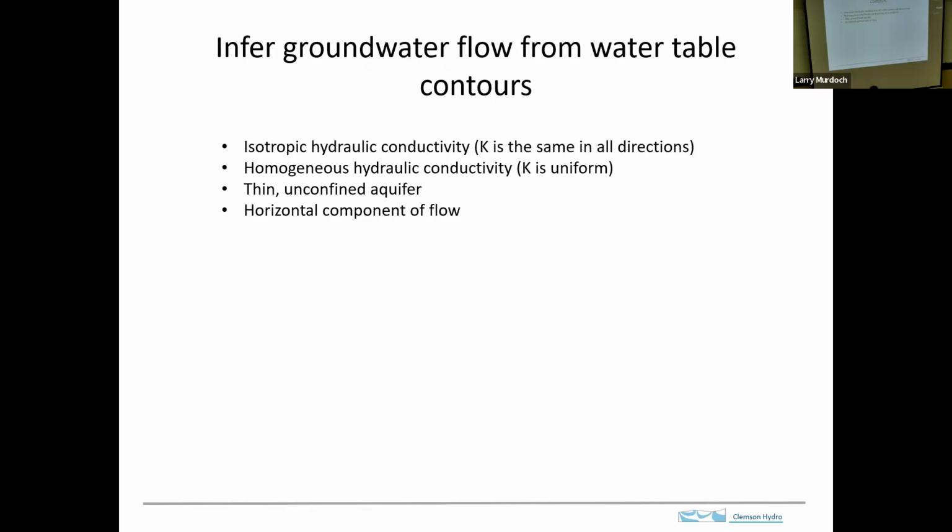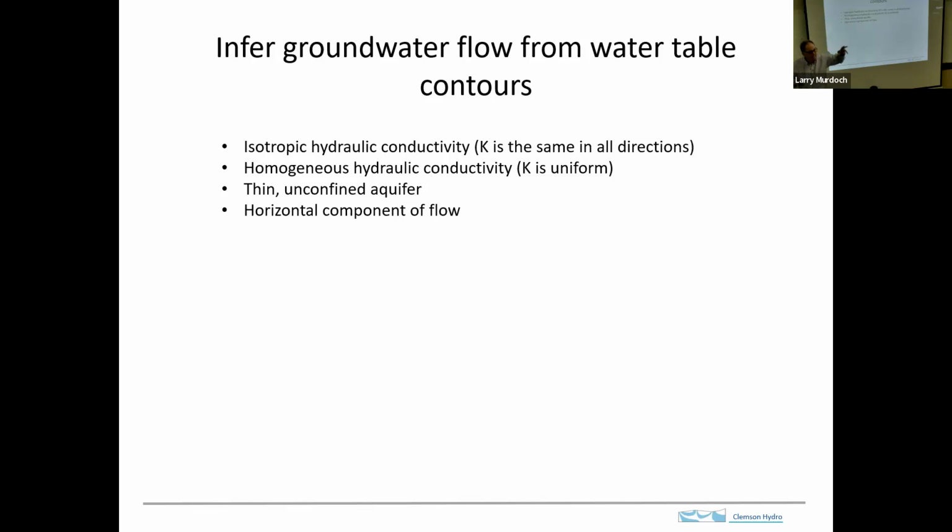So in order to do this, we're gonna have a map with some contour lines on it, and we're gonna infer some things about it. I want to say up front that we're gonna have to make some assumptions. One of the assumptions is that the hydraulic conductivity is isotropic and homogeneous.